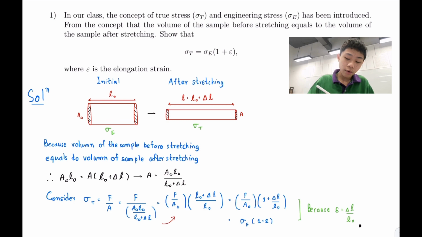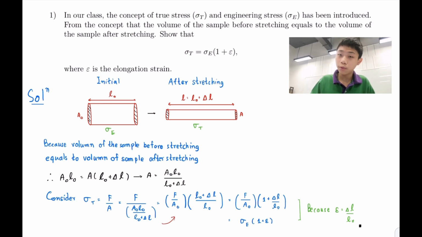So A0 times L0 is equal to A times L, or A times (L0 plus delta L). And then we can use algebraic manipulation to get A is equal to A0 L0 divided by (L0 plus delta L).